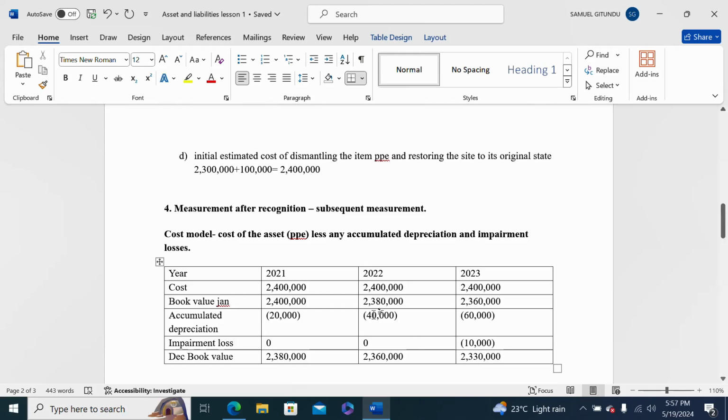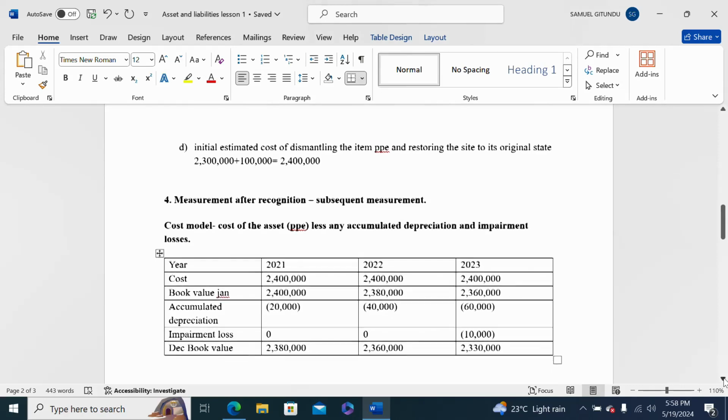So this is the cost model: the cost of the asset less any accumulated depreciation and any impairment loss. Of course, here we are assuming the straight line method of depreciation, but in the next lesson we are going to see the different methods of depreciation.